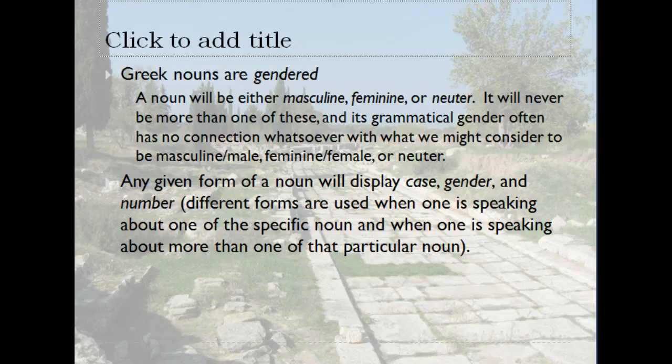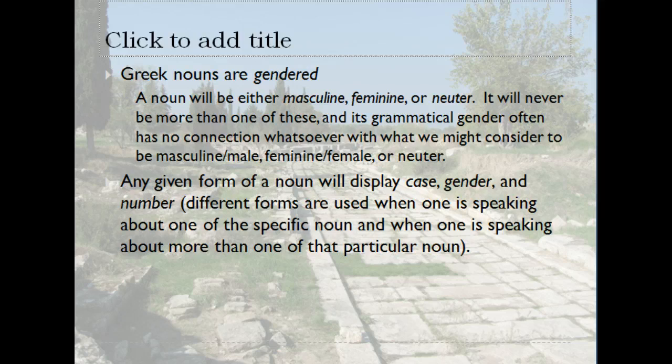Number makes a little bit more sense because even in English we have singular and plural forms. Lord is a singular noun. Lords is a plural noun. So that concept isn't so far removed from our everyday speech.